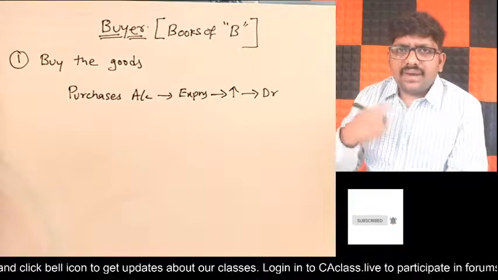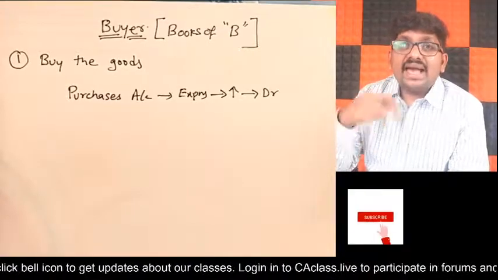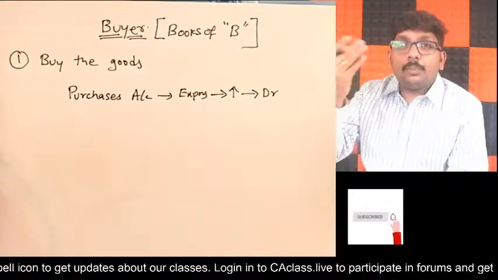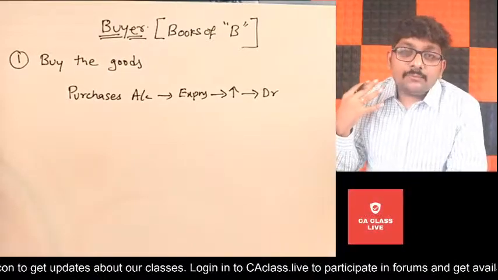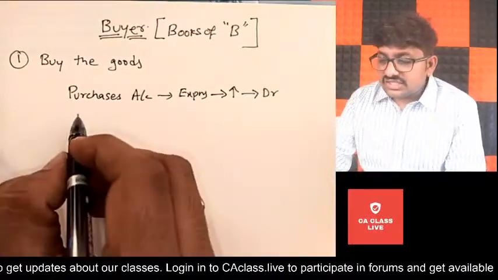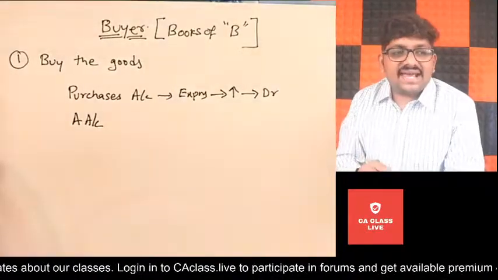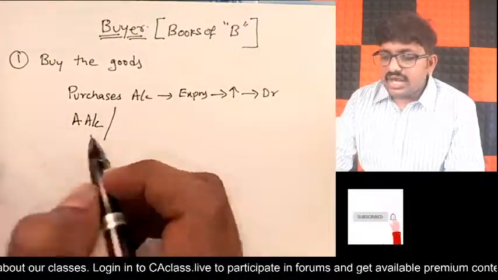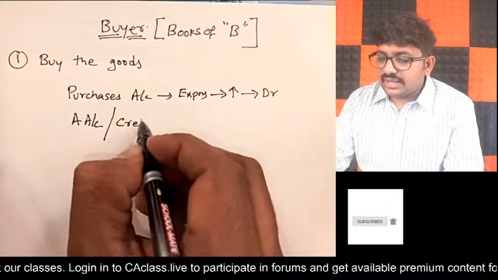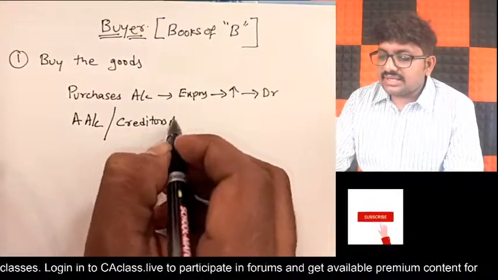Now, are you paying now? No, you will pay later. Whatever you have to pay later becomes part of your liabilities. So what is your liability here? Mr. A is a part of your liability, so I will take A's account. Or if you do not know the name of the vendor, in general terms you can call it the creditors account.